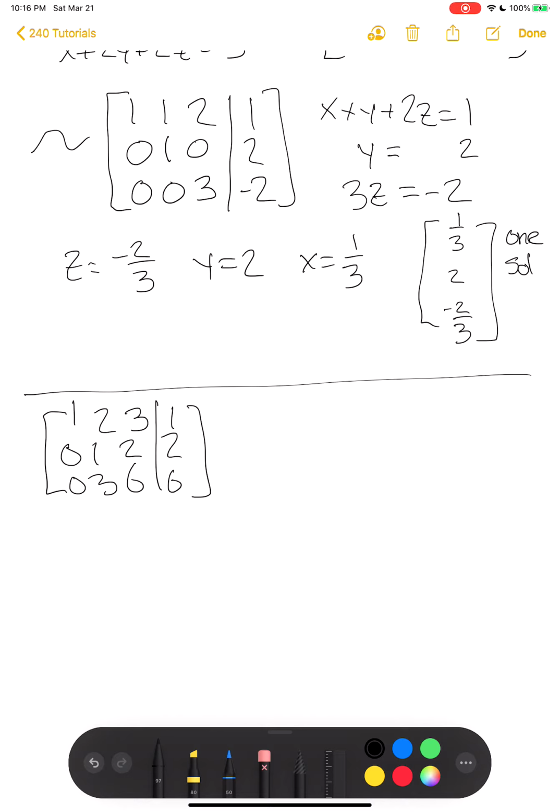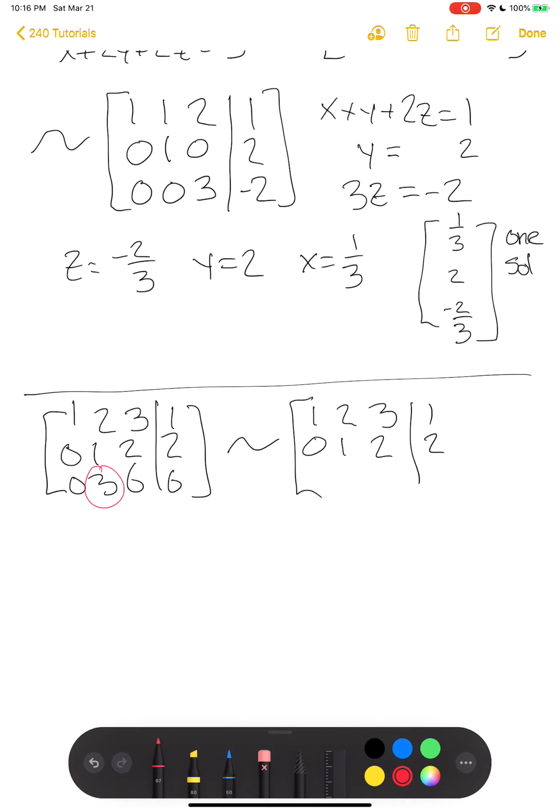So I'm actually going to do one step of row reduction here because it's very important to see what's going on. The first column's fine, right? I have a leading one, and then I have zeros underneath it, so I can keep the first row the same. I have a 0 right underneath it, so I'm going to keep the second row the same. And then I'm going to try to get rid of the 3 right underneath this 1 here.